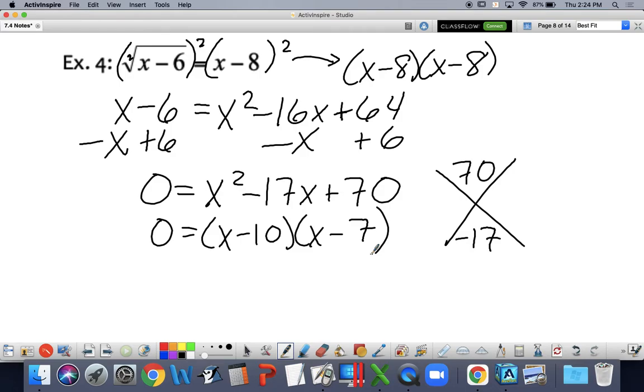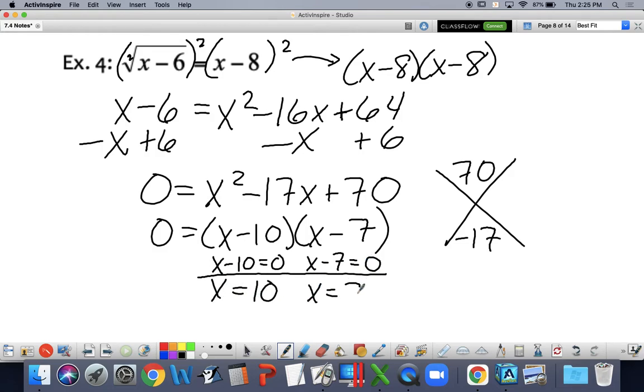So I factor it down. I then set each one of my factors equal to 0 and solve. I get x equals 10, x equals 7. Those are my two answers that I started with.